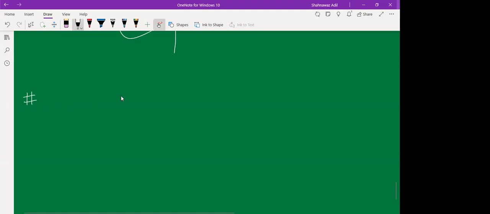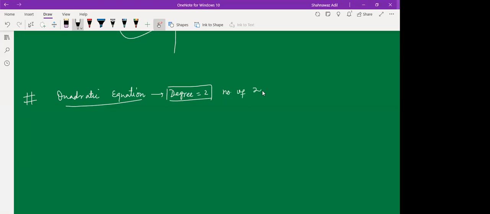So let us take the quadratic equation. What is the degree of this quadratic equation? Two, sir. Degree is 2, which means how many zeros would there be? Two zeros. So the number of zeros is 2, right?